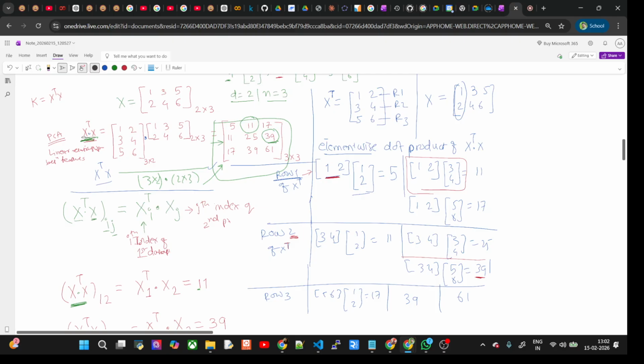Instead of doing X transpose X directly with the 3 cross 3, it is easy to calculate in lower dimensions: 3 cross 2 into 2 cross 3 gives 3 cross 3. That is fantastic, and you are happy. But this is a linear relationship, that's why it's easy.